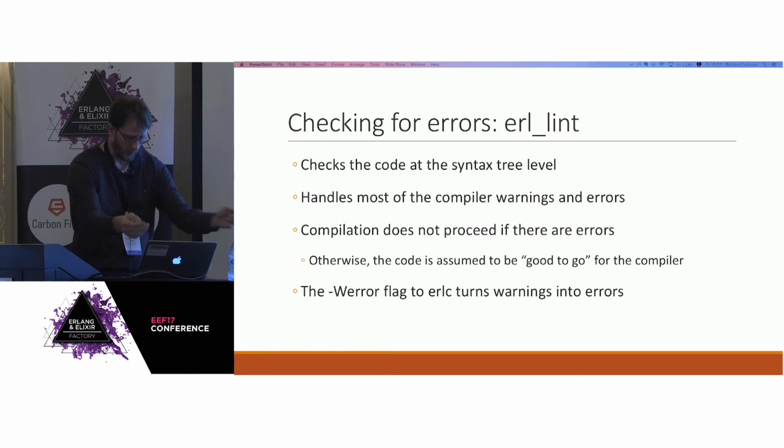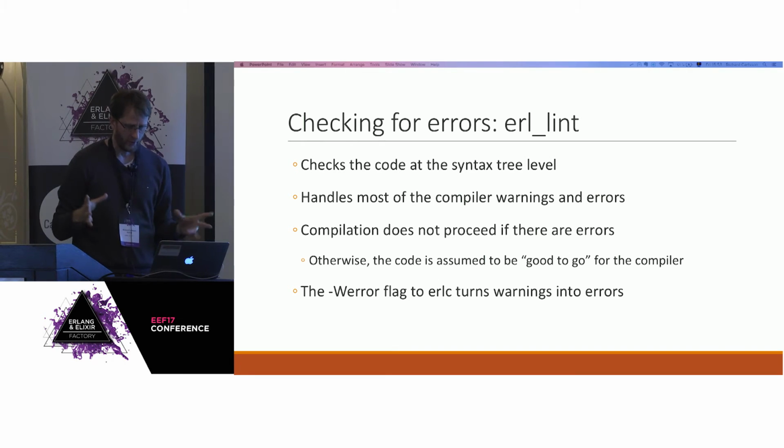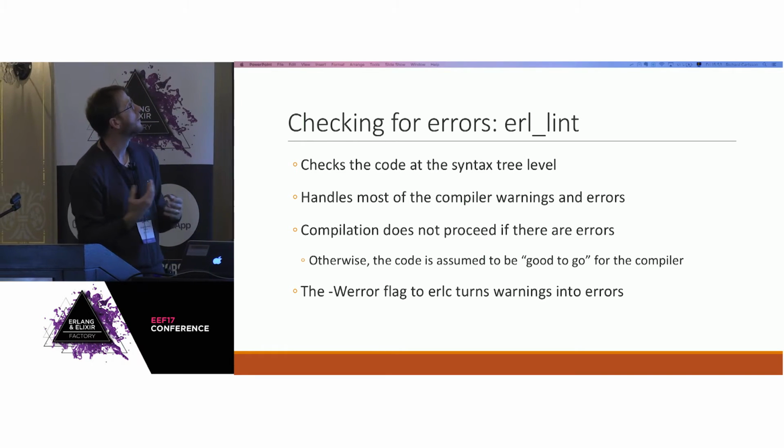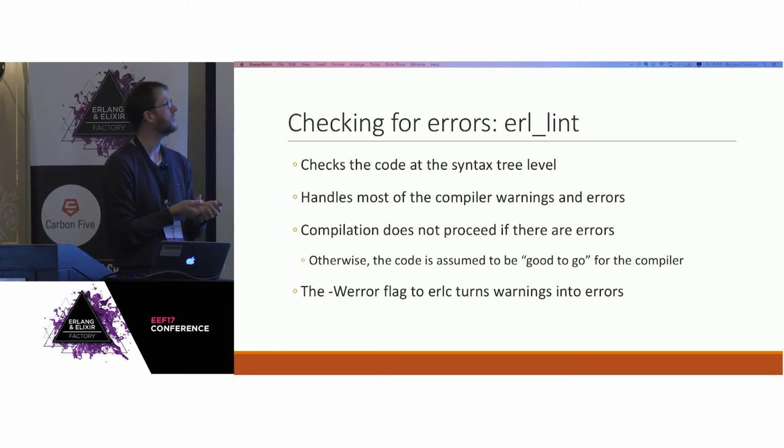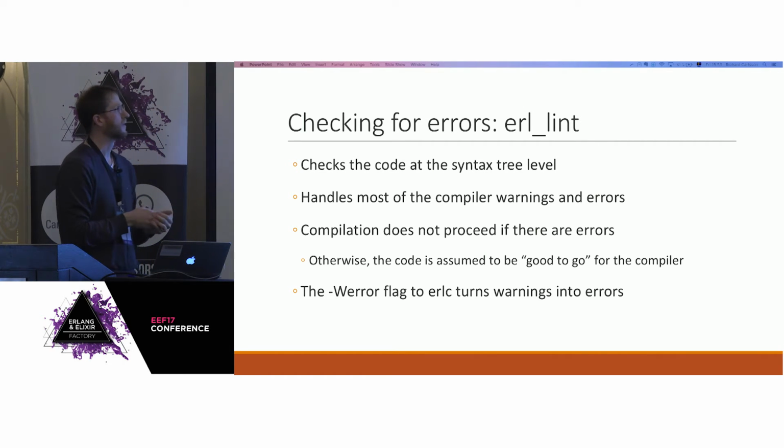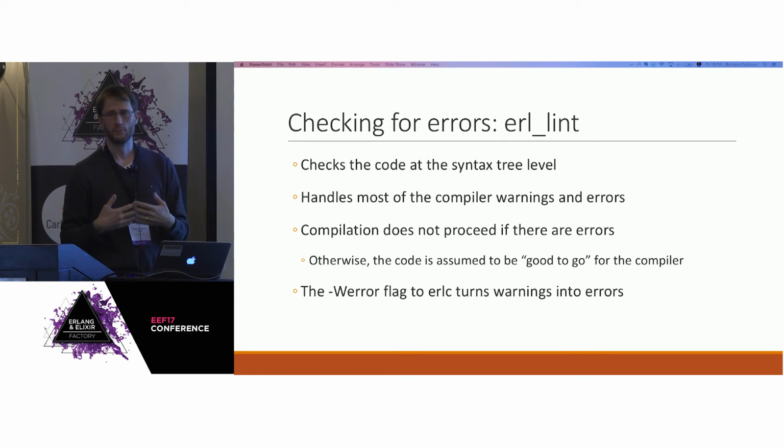Okay, so once the parsing and the parse transformations are done, there's a module called erl_lint that's executed, and that does all the checking of the code at the syntax tree level. That's what handles most of the compiler warnings and errors that you'll see.